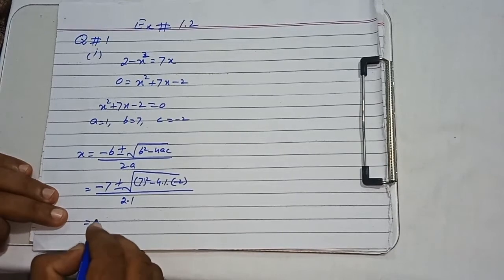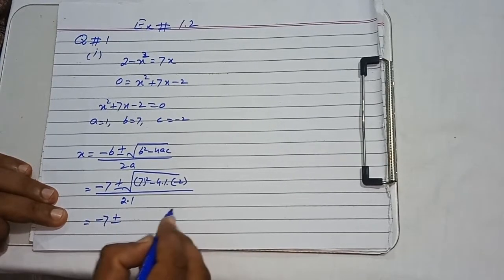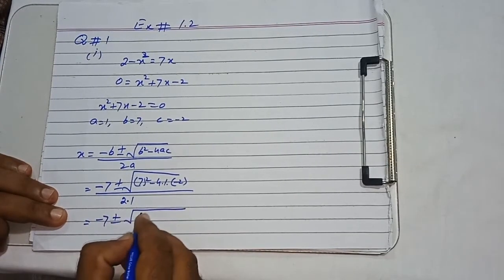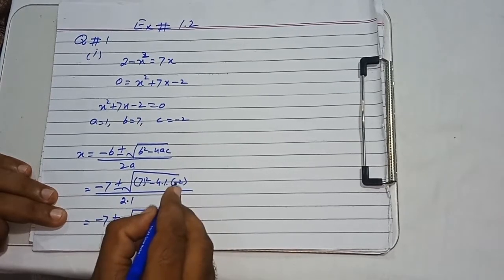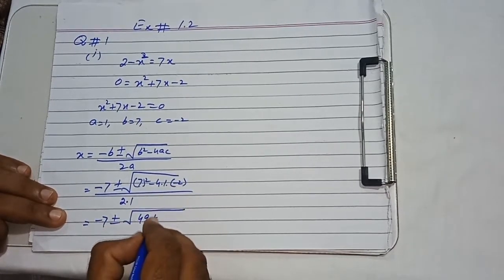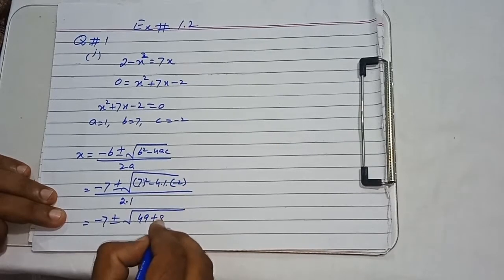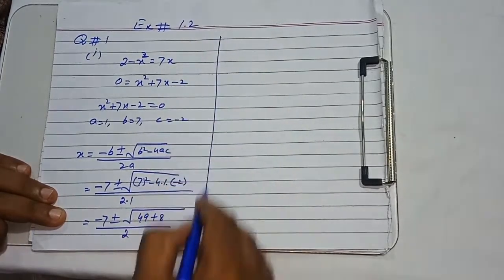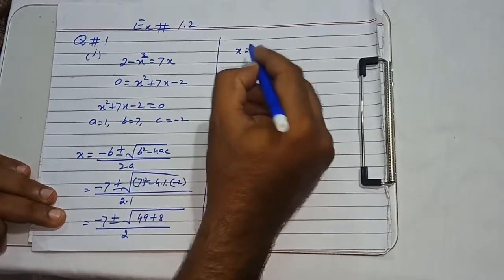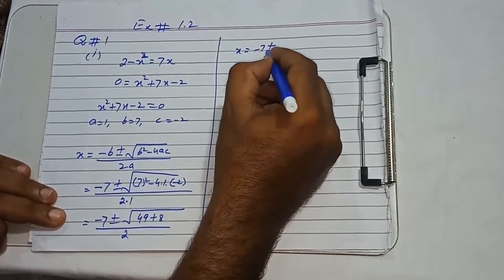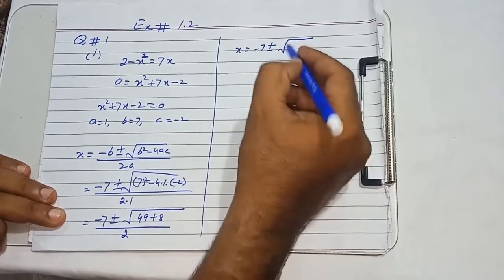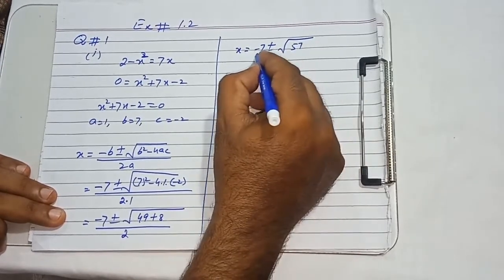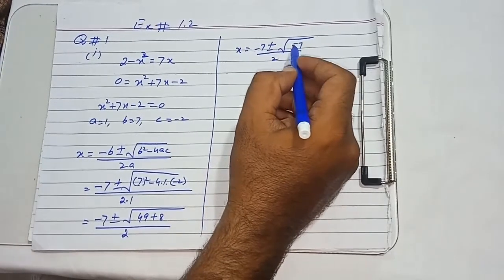So x will be equal to minus 7 plus minus under root 49. Minus and minus when multiplied we will get plus, 4 2s are 8, over 2 1s are 2. So x will be equal to minus 7 plus minus under root 57 over 2.